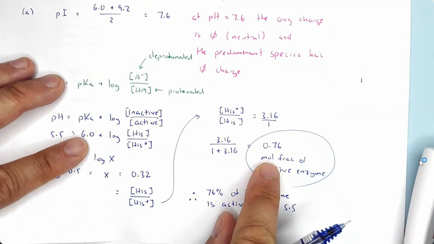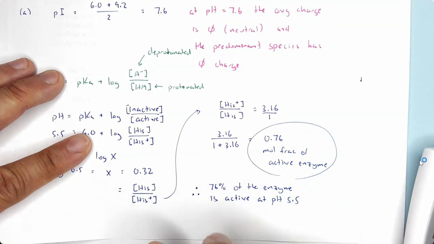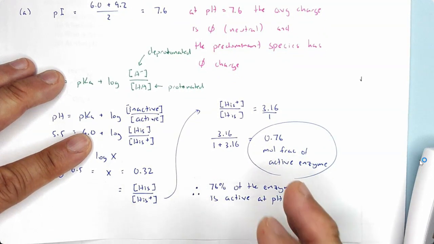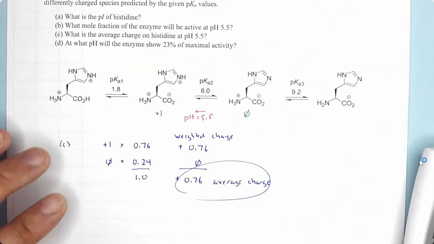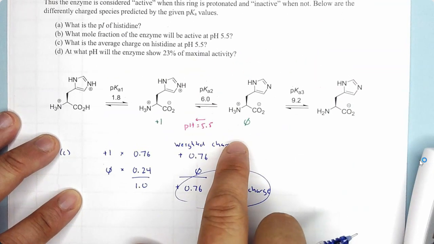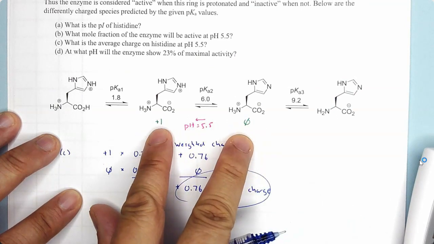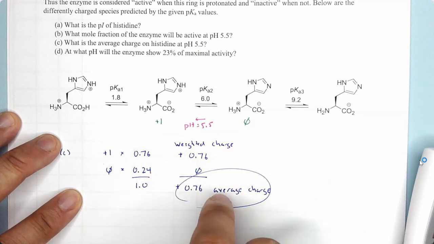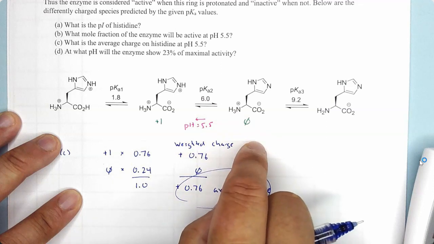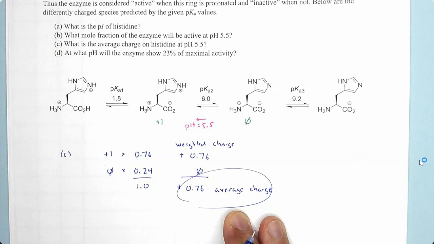If 76% is +1 and 24% is 0, the weighted average would be plus 0.76. And it makes sense because now your average is not 0, your average is not +1, it's somewhere in between these two, and because we're skewing a little bit more to the acidic side, it should be more than plus 0.5. More than plus 0.5. And that is now the average charge.